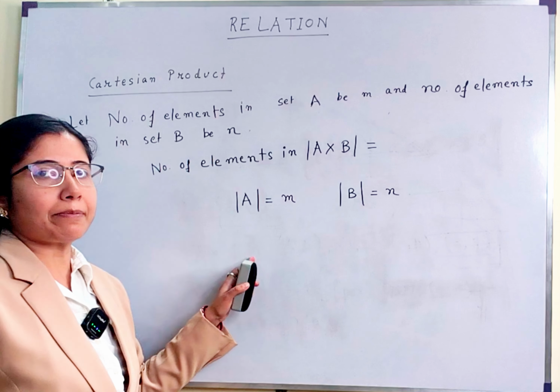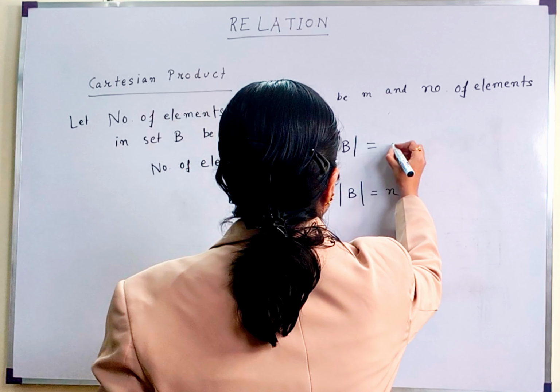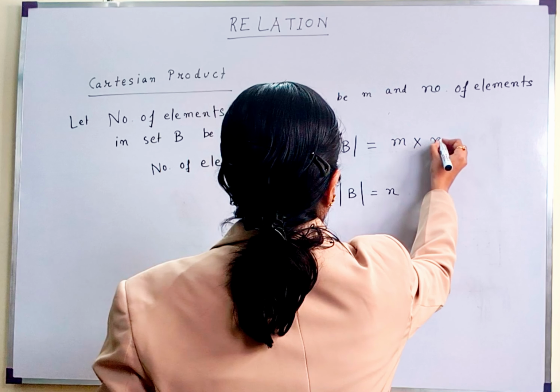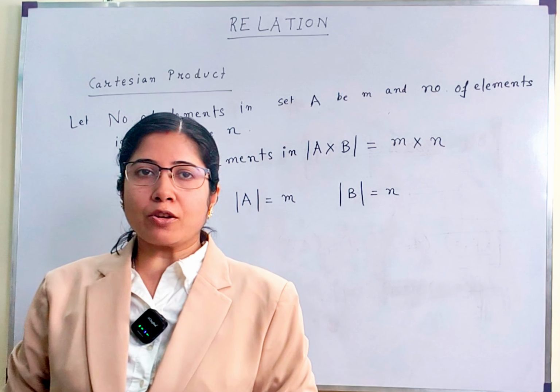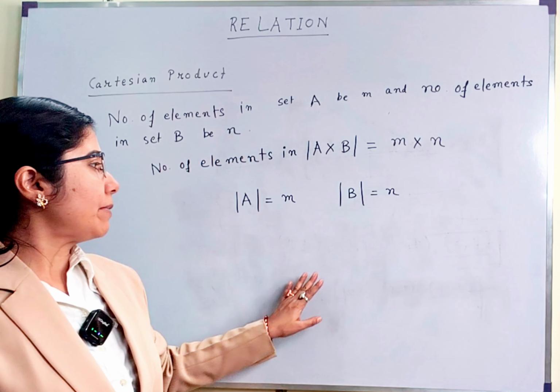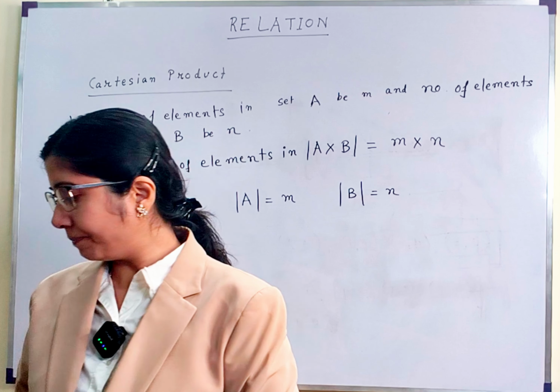This is the mathematical representation. Then the number of elements in set A cross B will be m cross n. I hope it is clear. The number of elements in set A cross B will be equal to m cross n.